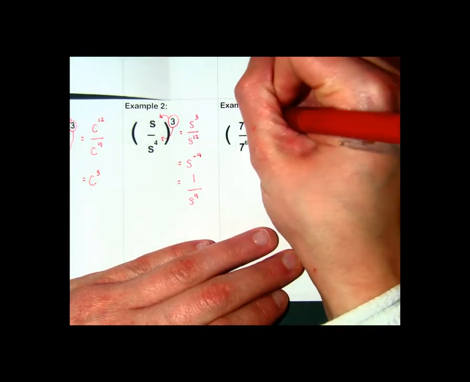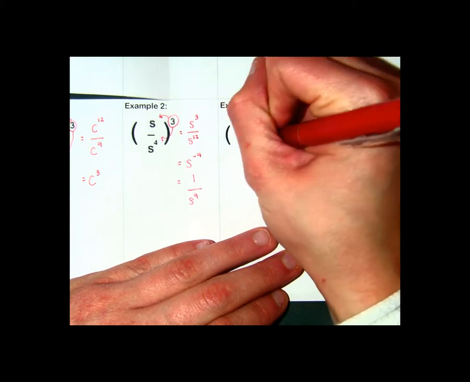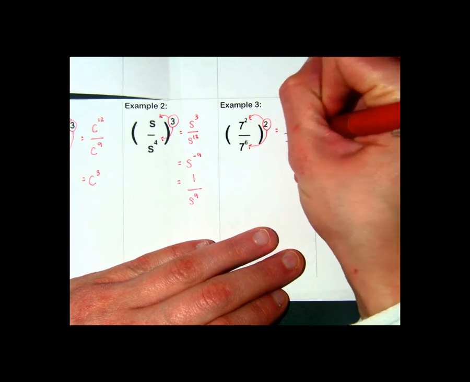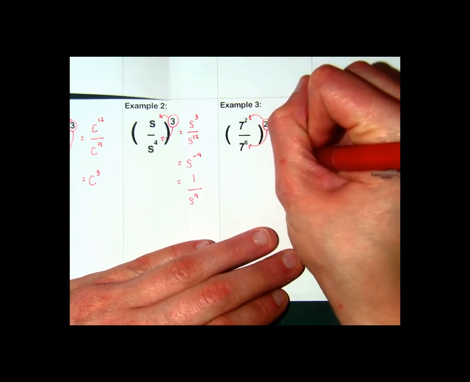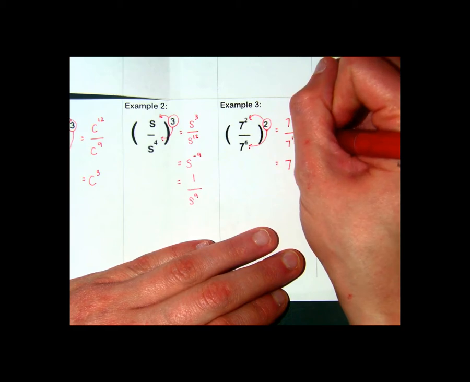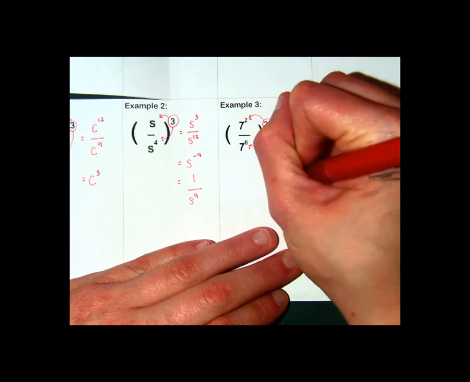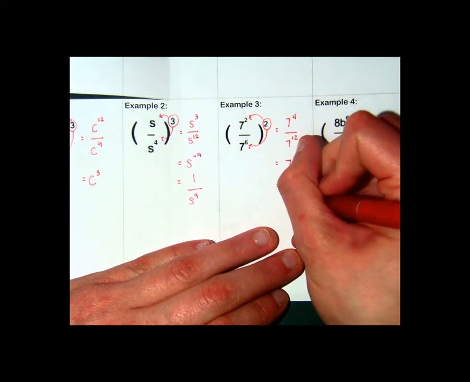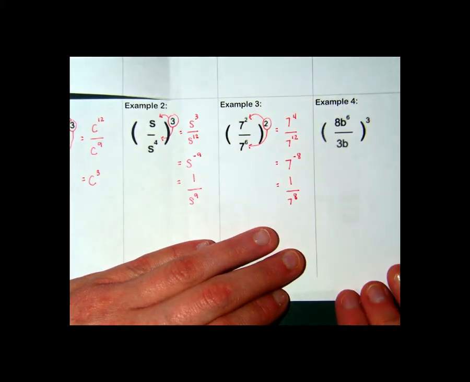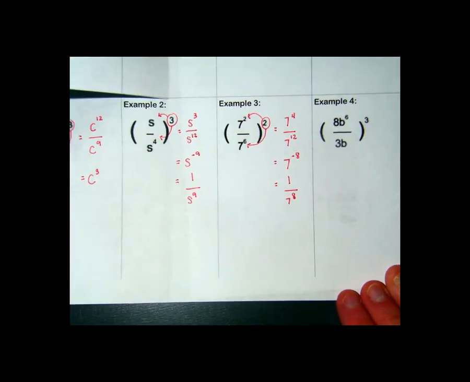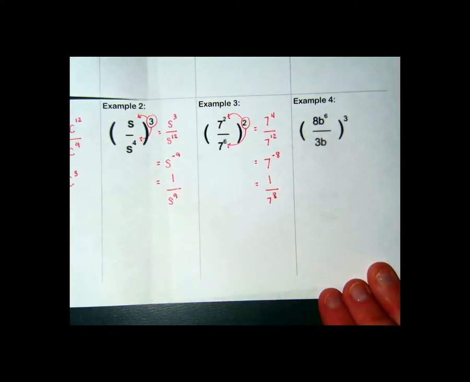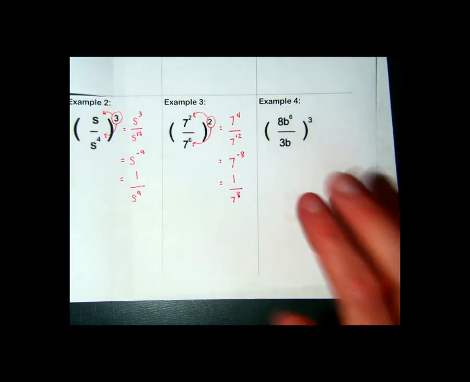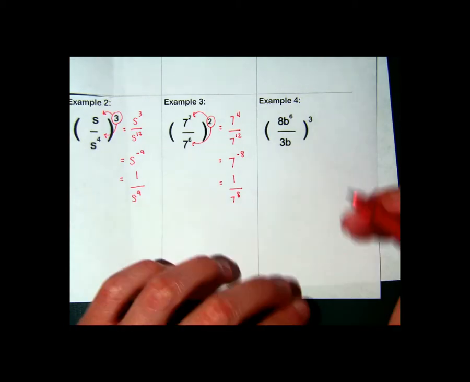Again, raise it to each. 7 to the 4th over 7 to the 12th, which is 7. 4 minus 12 is negative 8. 1 over 7 to the 8th. I could find this out. It's going to be a very large number, so I'm actually going to leave it. That is the point of exponents, they shorten numbers for us. That's why scientific notation exists. So we're just going to leave it as 1 over 7 to the 8th for this one.